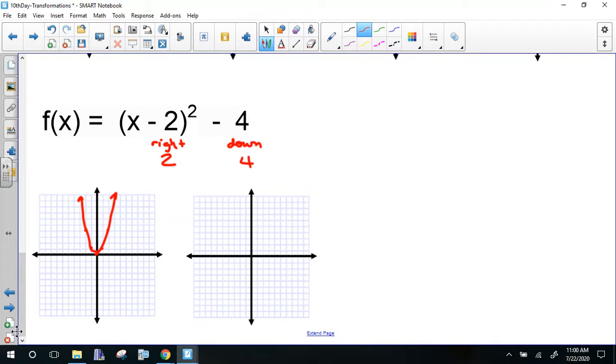So I'm going to take every point here and move it right 2 and down 4. So if I take my 0, 0, and I'll move it right 2 and down 4, there's that point. And then I know I've got one here, one here.